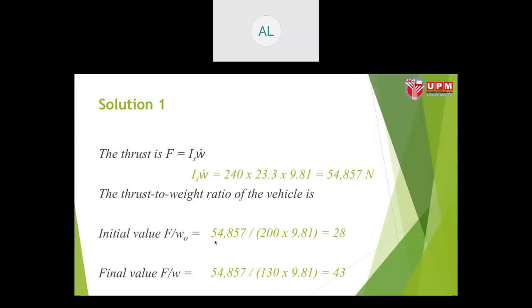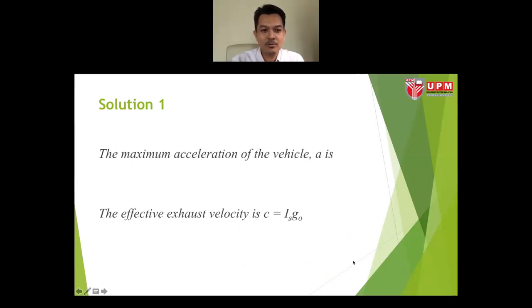Yes, 43. So correct answer. The thrust to weight ratio doesn't have a unit, so make sure you don't just simply put Newton. For the thrust you have the unit Newton, but the thrust to weight ratio is already cancelled out. Okay, so we go to the next slide.